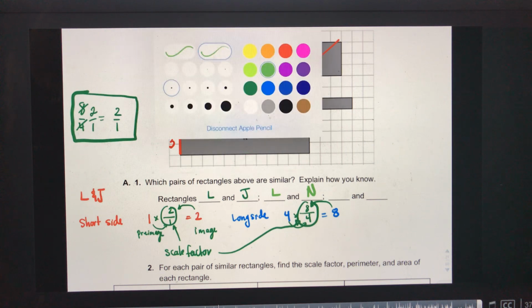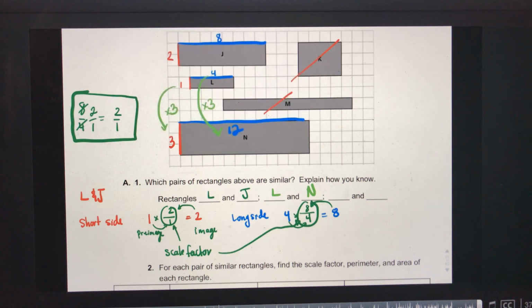So the last one that I should have will be shapes J and N. That one might be a little bit trickier because finding your scale factor from those two is a little bit harder, going from 2 to 3 and from 8 to 12. That's times 3 over 2. It's getting 1.5 times bigger.